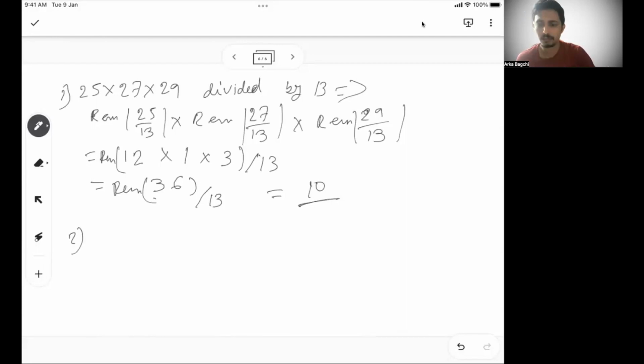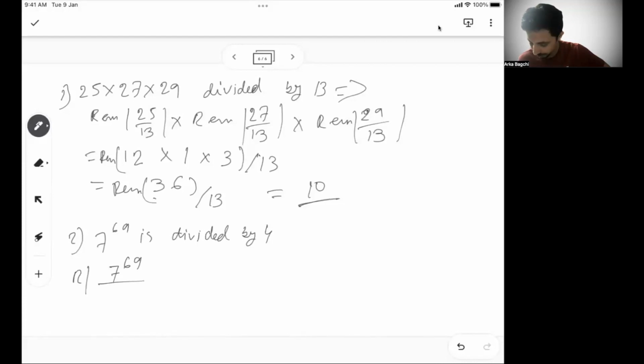Let's take another example and let's see if we can understand this further. Let's say 7 to the power 69 is divided by 4. Okay. So can I write that the remainder of 7 to the power 69 is the same as the remainder of 7 into 7 to the power 68 by 4?